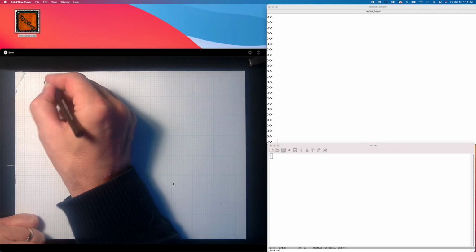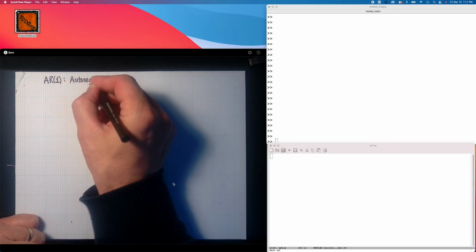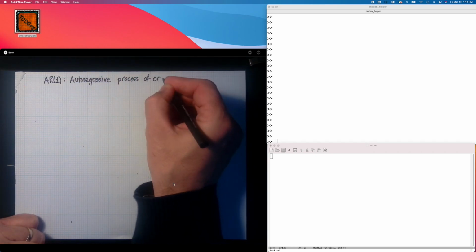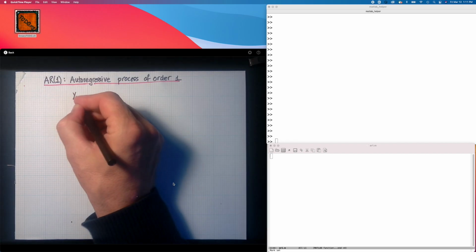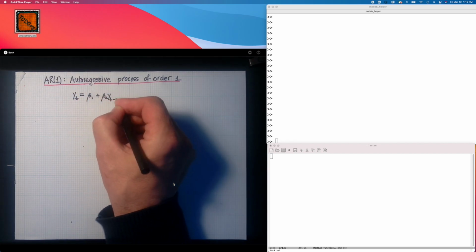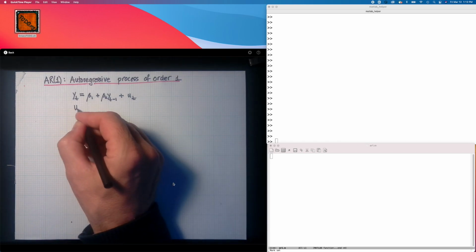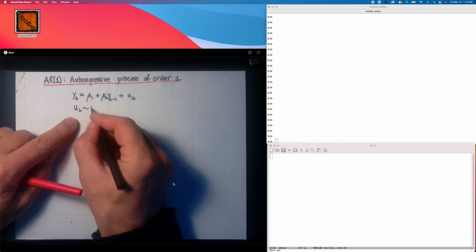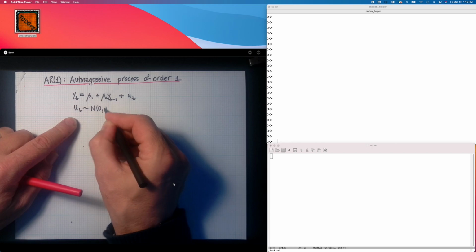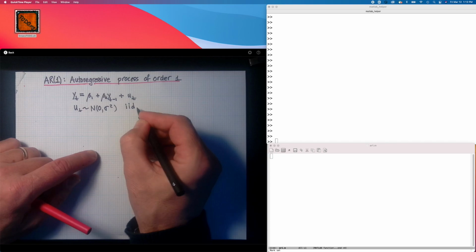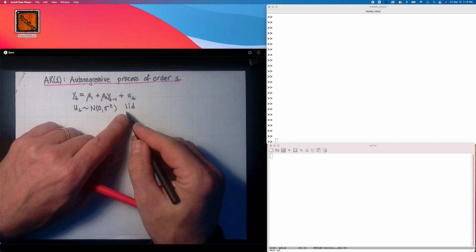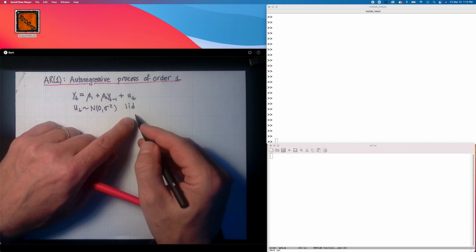And so I want to do a simple example of this using what's called an autoregressive process. And this model is very simple, where the u of t are assumed to be normally distributed with variance sigma squared, and their IID is the jargon, which means independent and identically distributed.